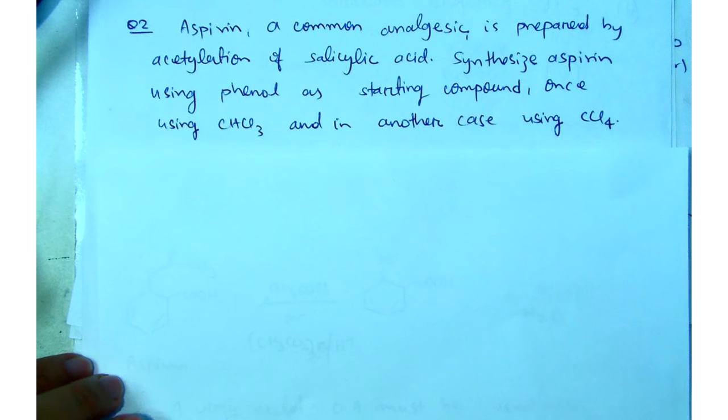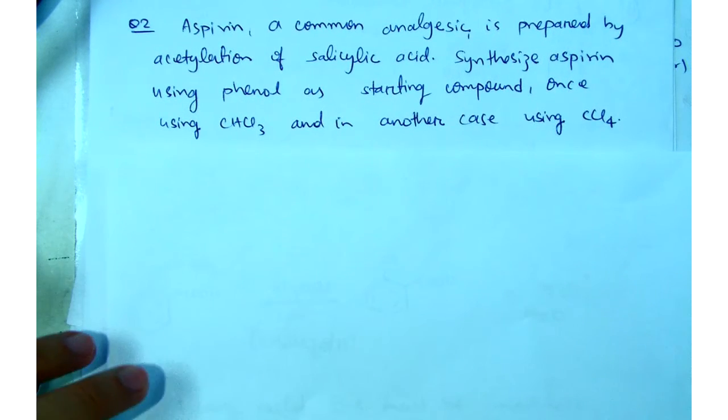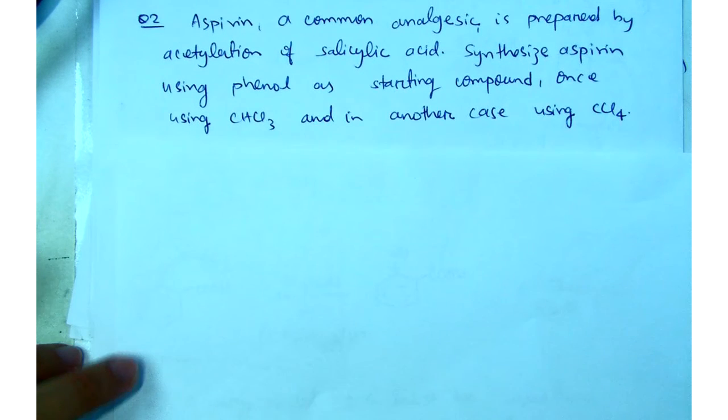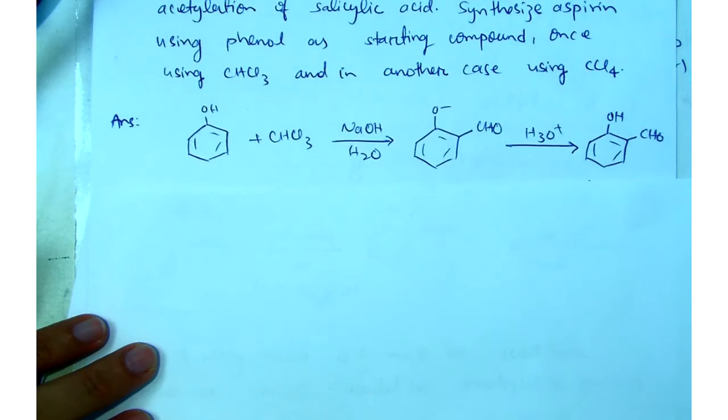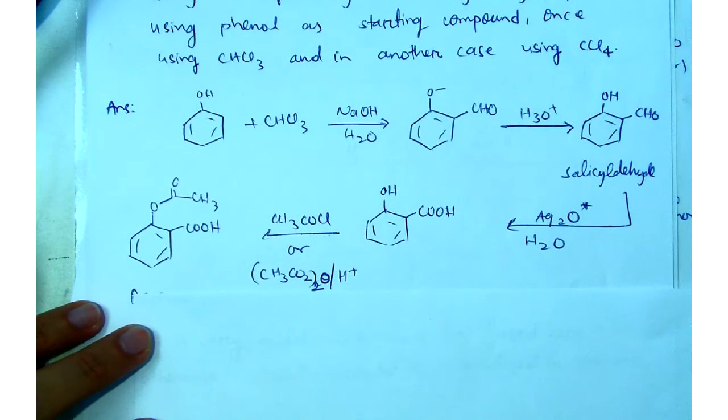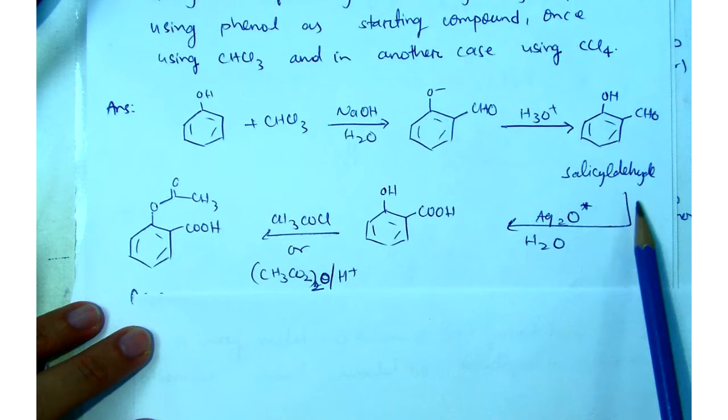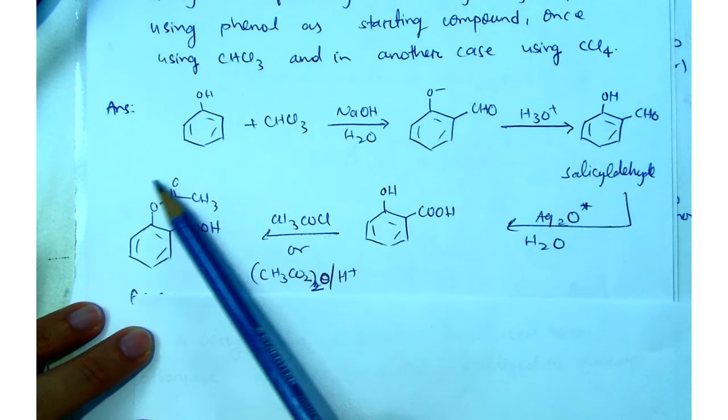Yes, so how will this work? Using CHCl3, first we get CHO, and then convert CHO to COOH, and then do acetylation.